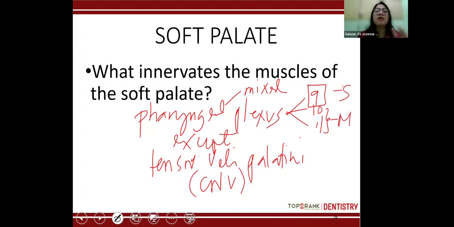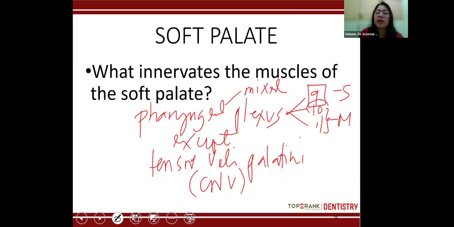Again, if you are very confident that the innervation for this muscle is the pharyngeal plexus and you cannot find pharyngeal plexus on the choices, basta motor, kapag mga muscles, motor nerve dapat ang hanapin nyo.